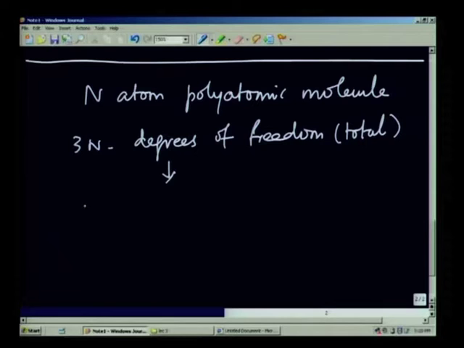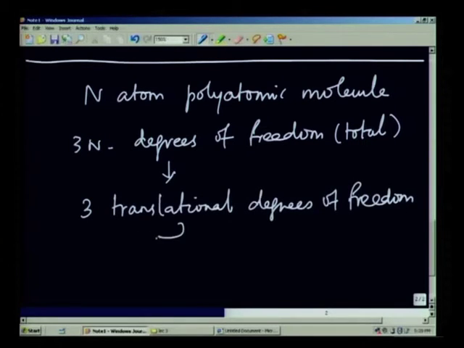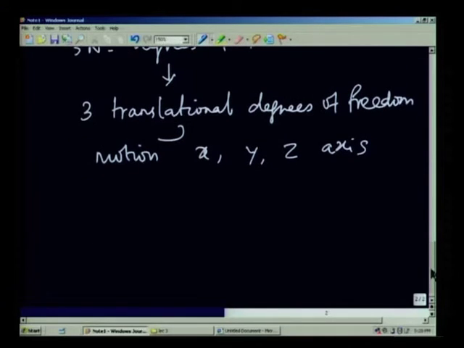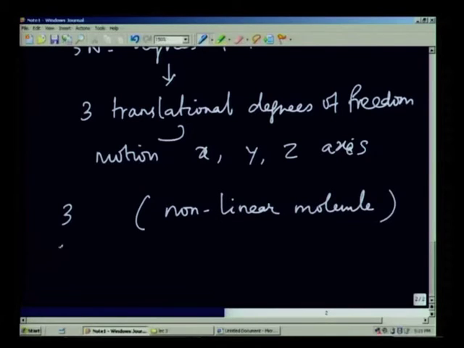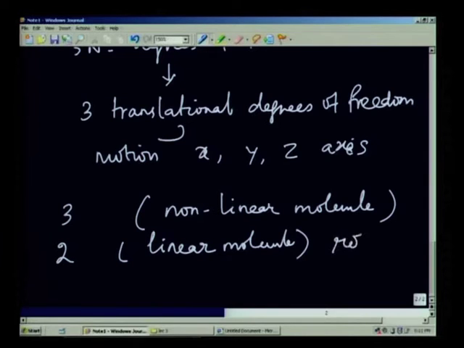You can remove 3 translational degrees of freedom corresponding to the motion along the 3 different mutually perpendicular axes. Usually we denote them x, y, z axis. And then there are 3 rotational degrees of freedom for a nonlinear molecule, or 2 for a linear molecule.